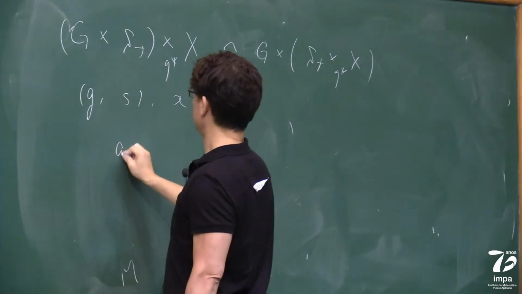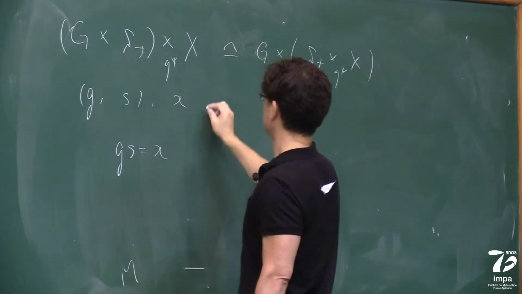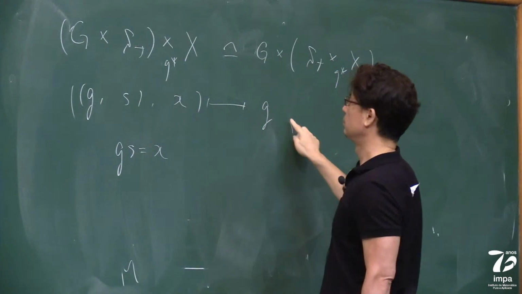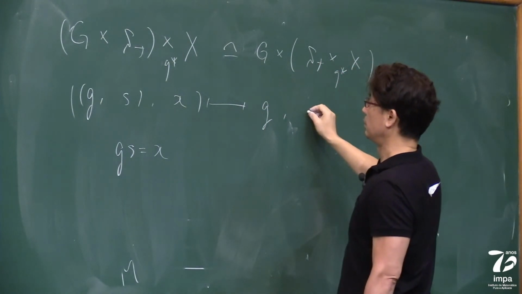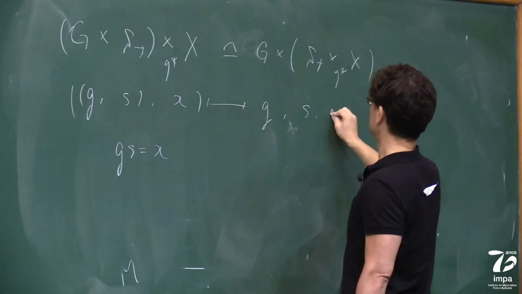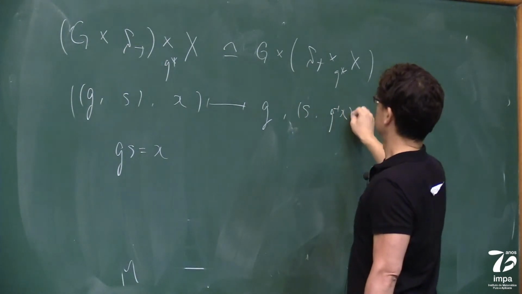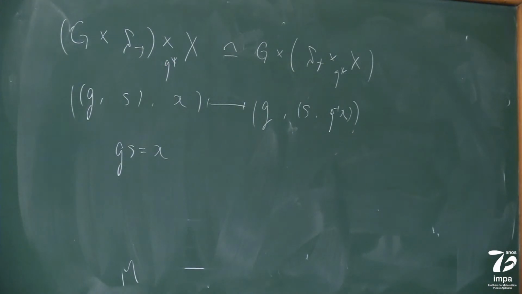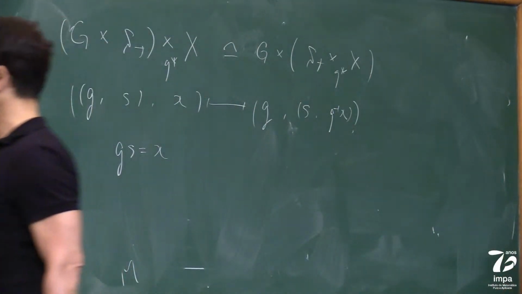So this is a set which satisfies this condition. So you can just send (g, s, x) to (g, s, g inverse x). Oh, sorry. Thank you.